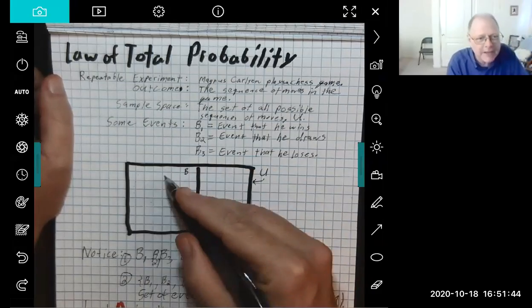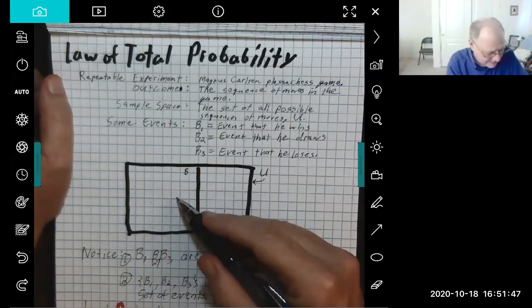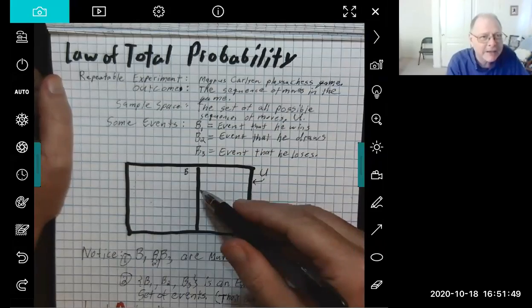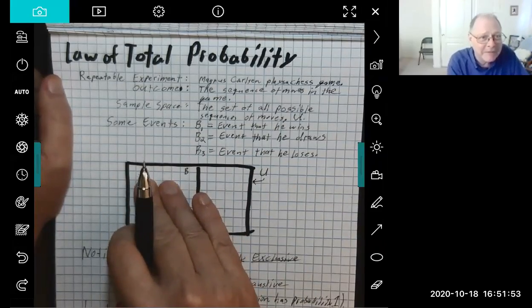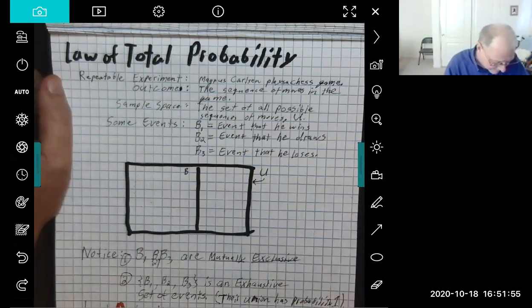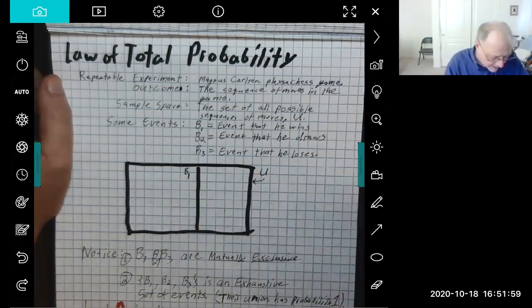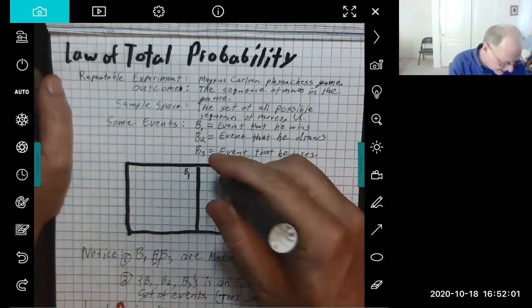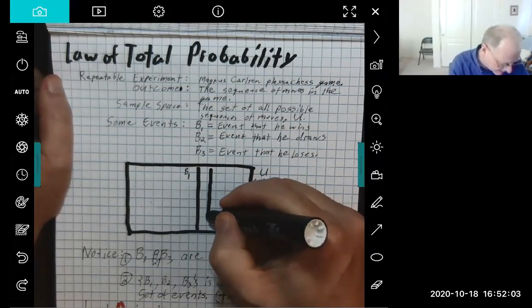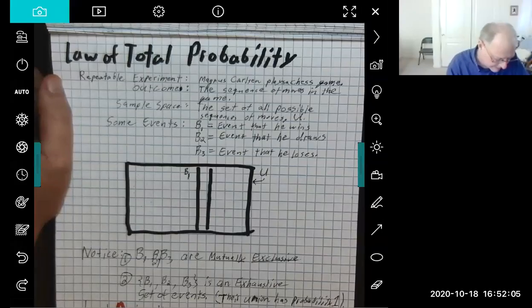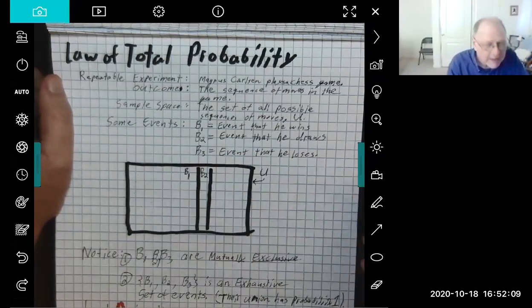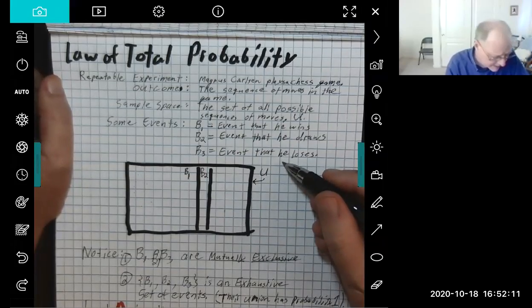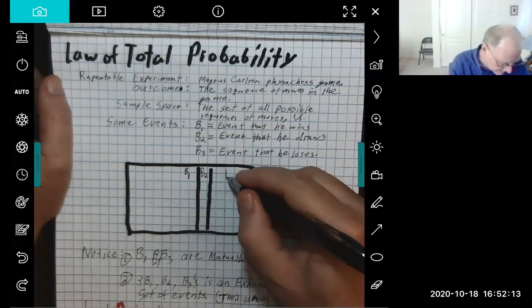I'm not saying that the number of games is big. I'm just saying that these ones happen more often. Okay, so this is B1. And then occasionally he'll play a draw. So that's B2. And then B3 is the event that he loses.